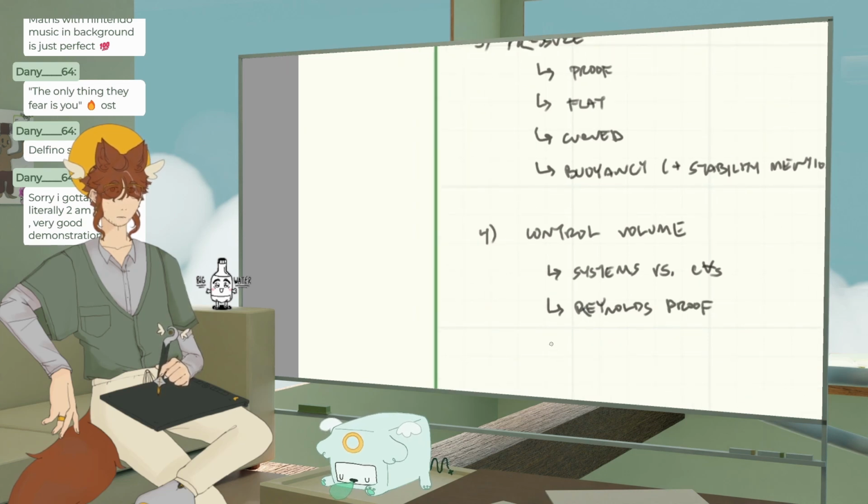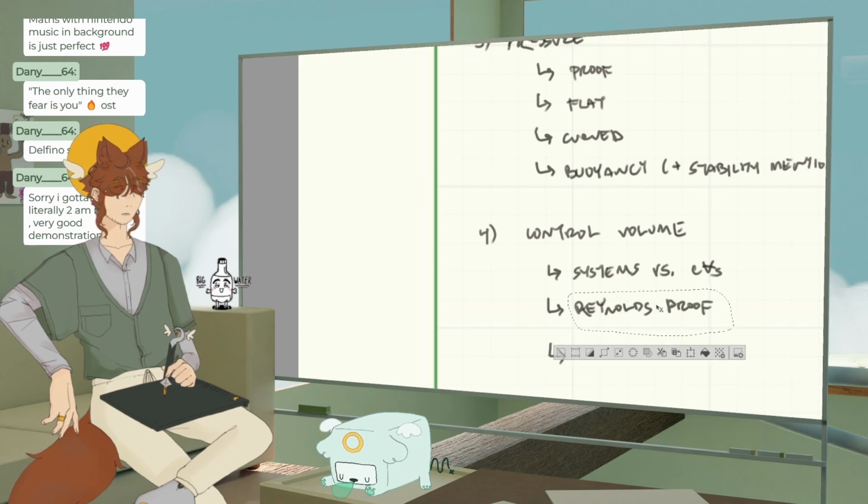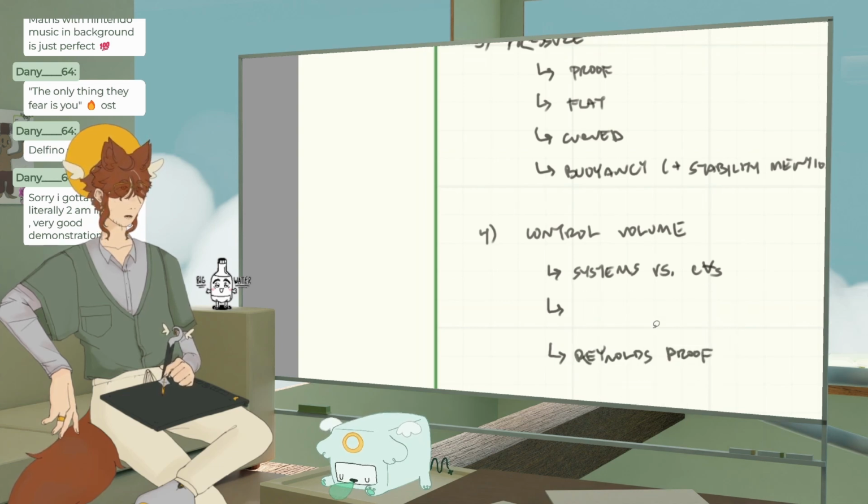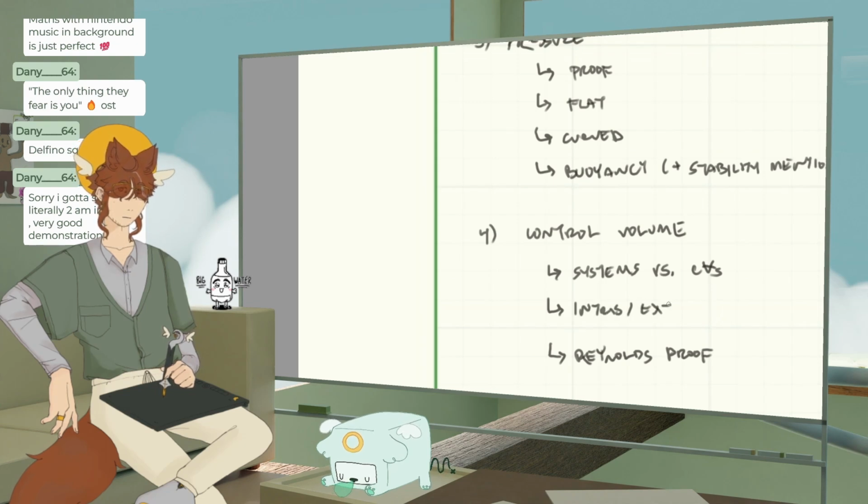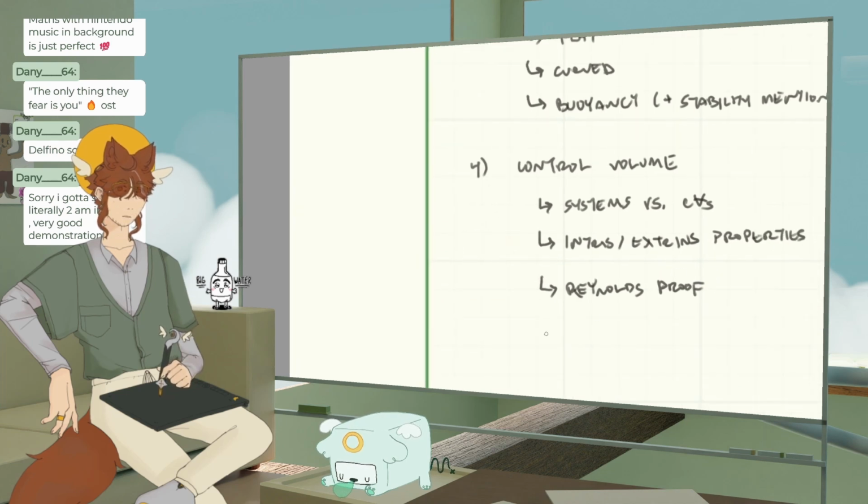And then we talk about different... I guess I should probably talk about intrinsic and extrinsic first. Yeah, that would be smart. Intrinsic, extrinsic properties. And then we talk about Reynolds, and then we talk about conservation of mass.